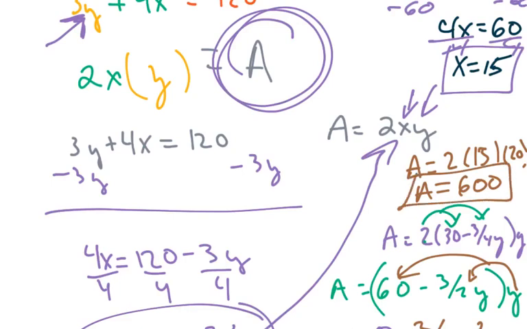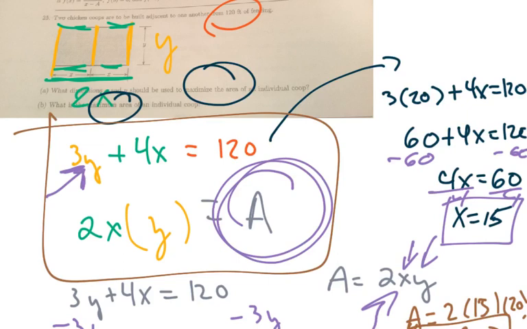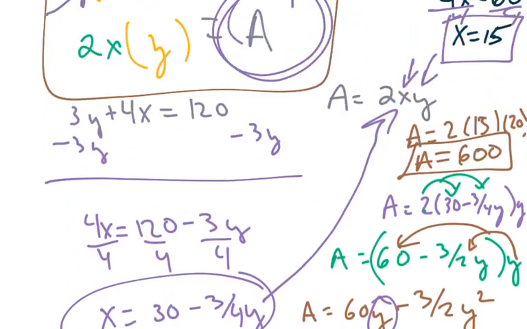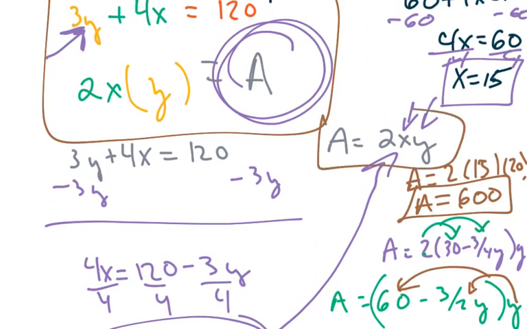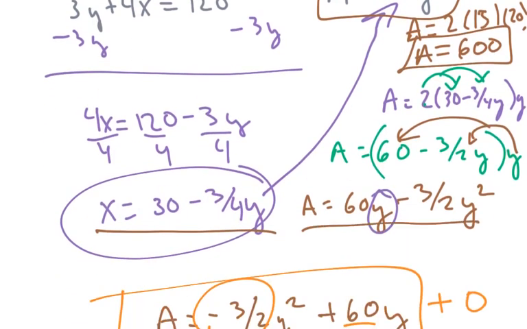Okay, so again, what we did was we created these two equations initially in order to figure out what the area is. I isolated a variable. In this case, I chose x. You could have chosen y. It doesn't matter. We substitute it back into the area equation, and that derives an area equation: A equals 60y minus 3 over 2 y squared.